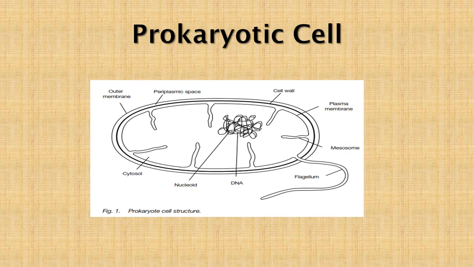Next, let us talk about the prokaryotic cell structure. Each prokaryotic cell is surrounded by a plasma membrane. The cells have no subcellular organelles, only infoldings of the plasma membrane called mesosomes. The deoxyribonucleic acid or DNA is condensed within the cytosol to form a nucleoid.